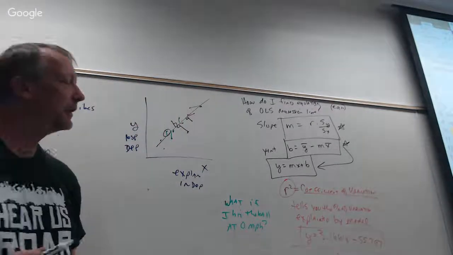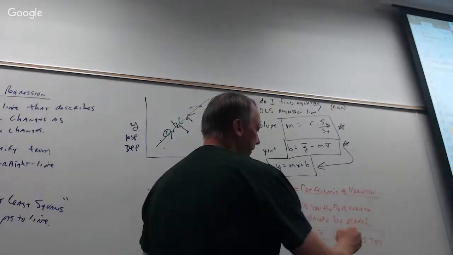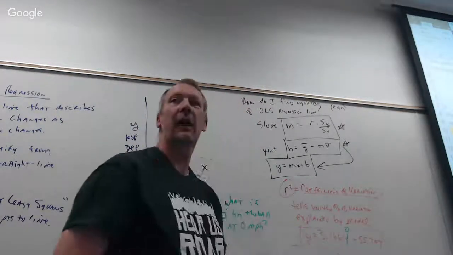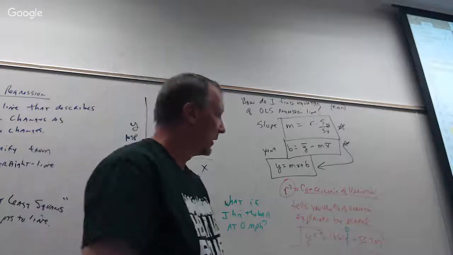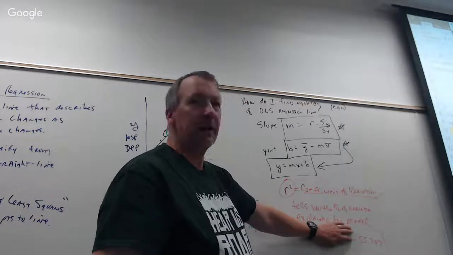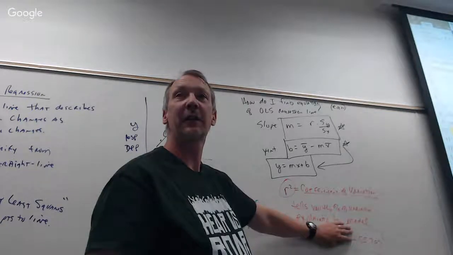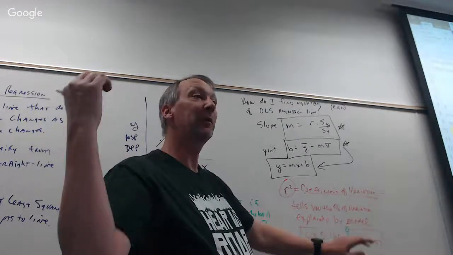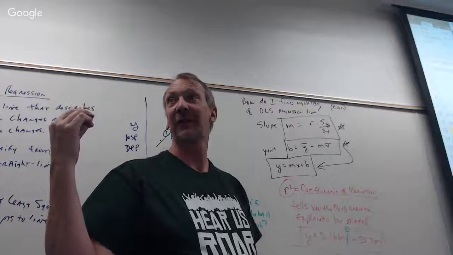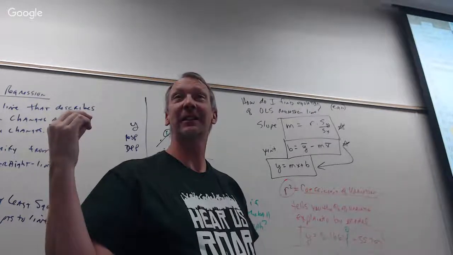Okay, according to the equation, I would simply put a 0 in here, right? So that takes that out, right? So how far did the ball go if I hit it 0 miles per hour? It went backwards 55 yards. Right? Does that make sense?